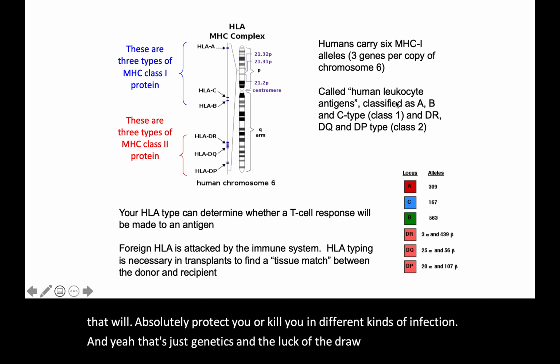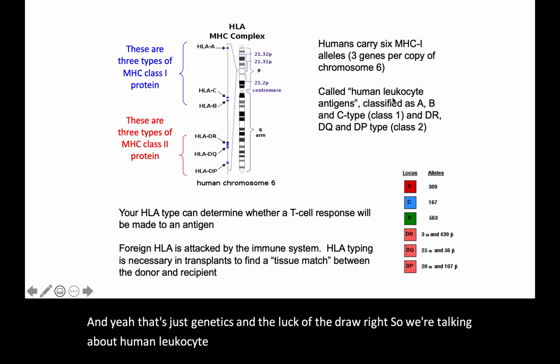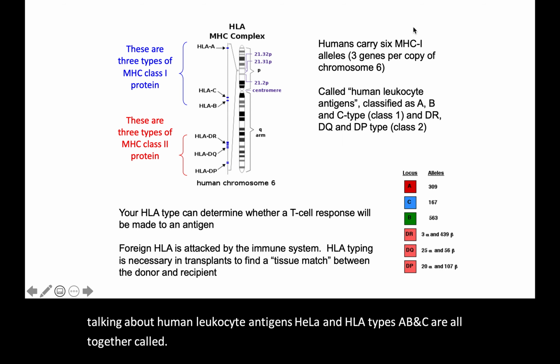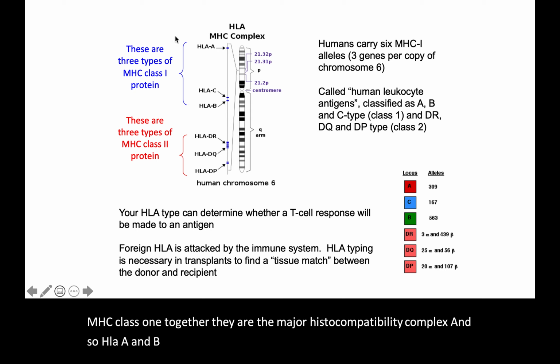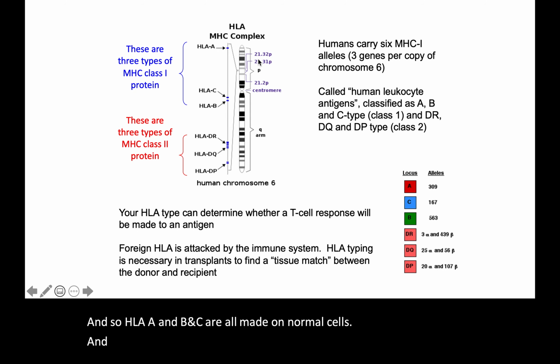So remember, we were talking about human leukocyte antigens, HLA, and HLA types A, B, and C are all together called MHC class 1. Together they are the major histocompatibility complex. And so HLA-A, B, and C are all made on normal cells, and they're all going to be found on chromosome number 6 right here.